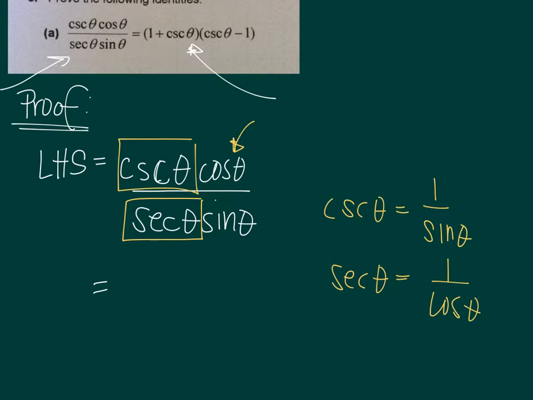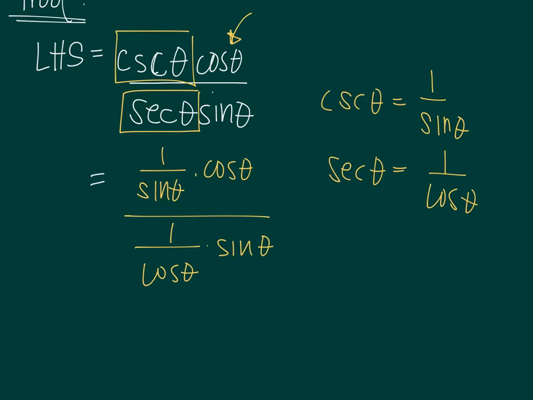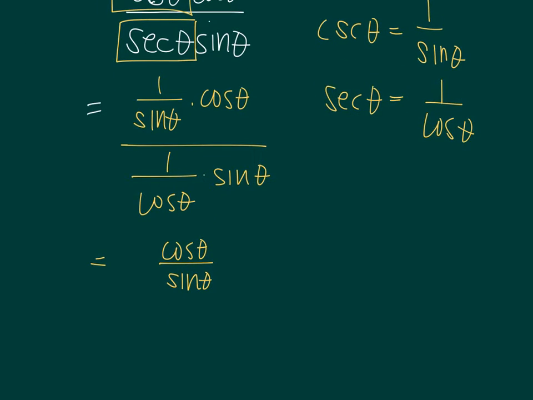So in your proof, the next step will be 1 over sine theta, then you copy cosine theta, and below it's 1 over cosine theta times sine theta. Then you proceed accordingly. Now, the numerator should become cosine theta over sine theta, while the denominator will become sine theta over cosine theta.